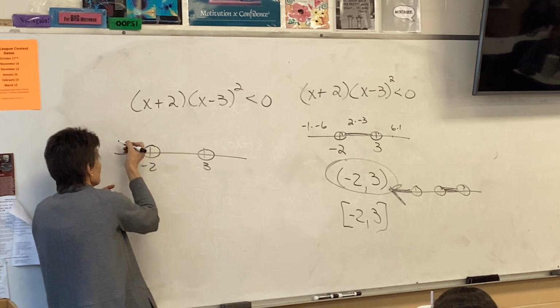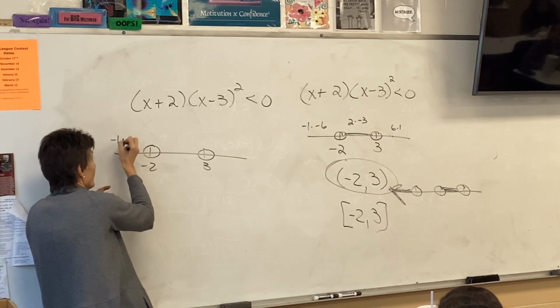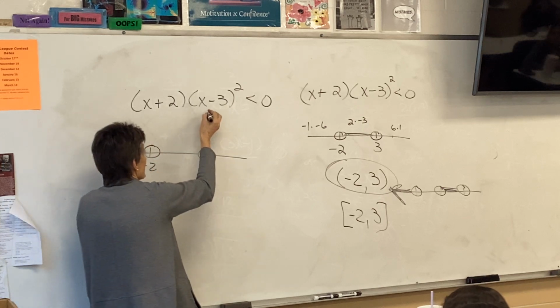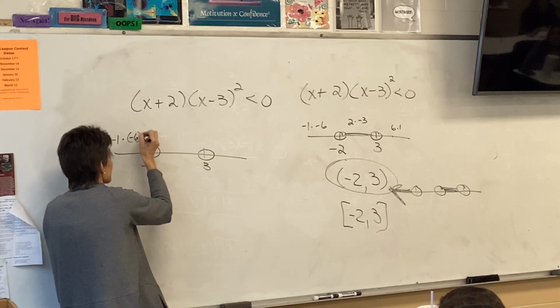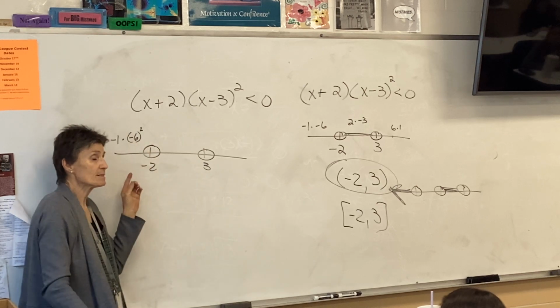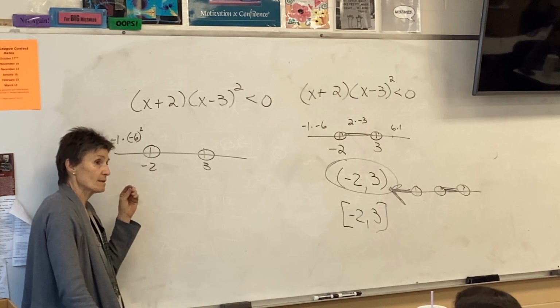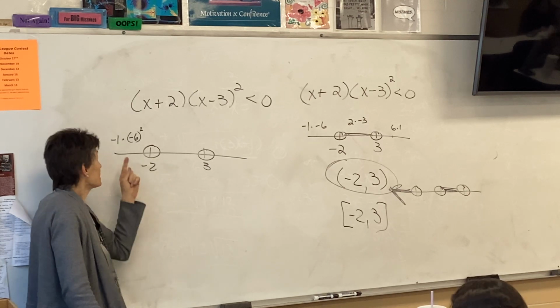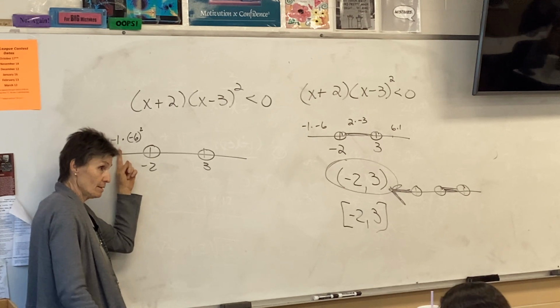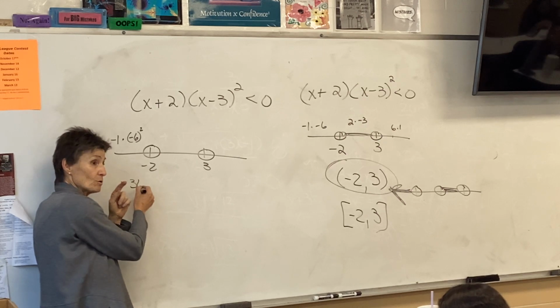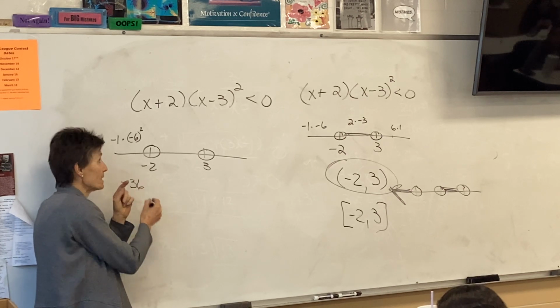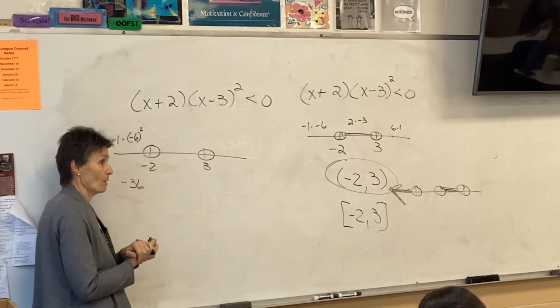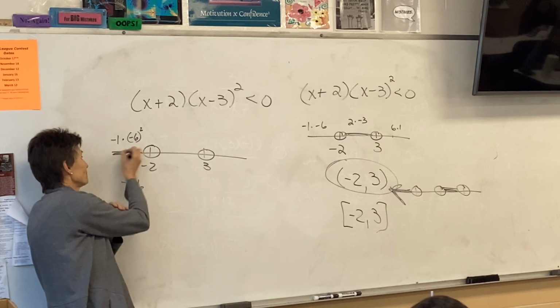Now -3 gives me -1 times -6 squared. Guys, what's -6 squared? 36. Positive 36. Times a -1 would make this -36. Is that less than 0? Yes. Shade it.